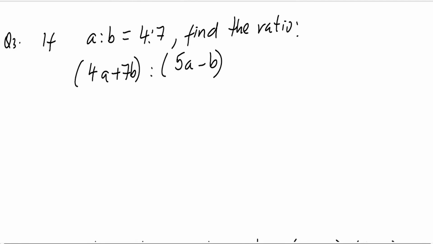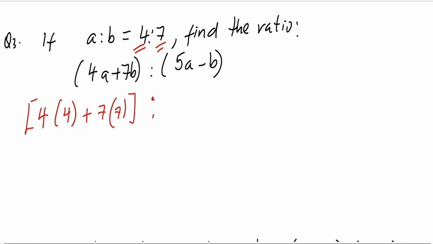Okay, so that question of the exercise again. If a is to b equal to 4 is to 7, find the ratio 4a plus 7b is to 5a minus b. Again, the same thing. You replace a with 4 and you replace b with 7. So 4a, which is 4 times 4, plus 7 times b, which is 7 times 7. Again, 5a, 5 times 4 minus 7. When you reach this point, it just becomes easy.